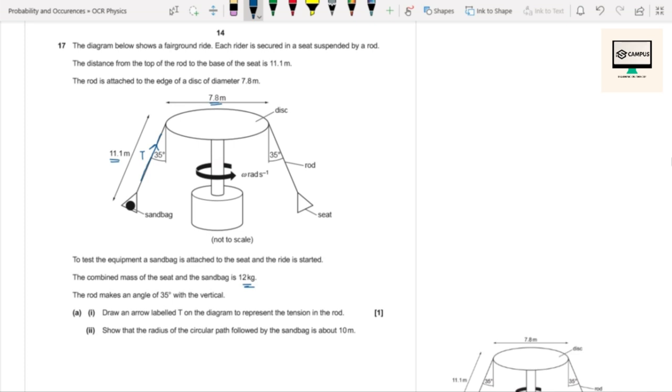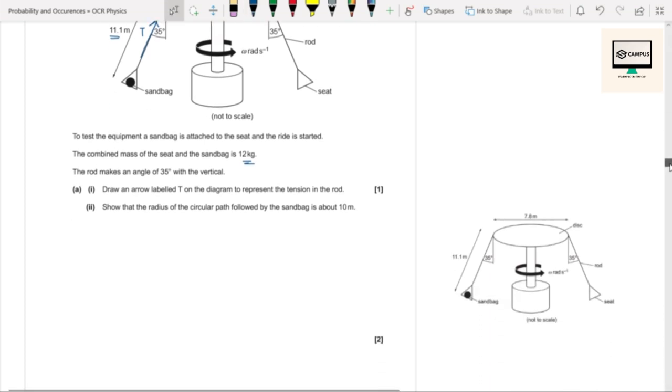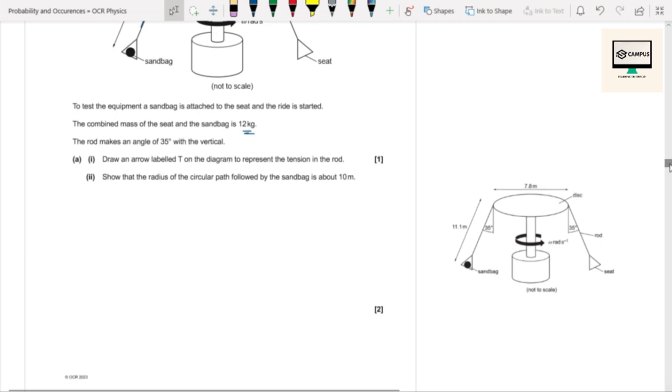Moving on to part two, I've copied the figure alongside here for better visualization. Show that the radius of the circular path followed by the sandbag is about 10 meters. So we know that this sandbag or the rider will move in a circular path like this.